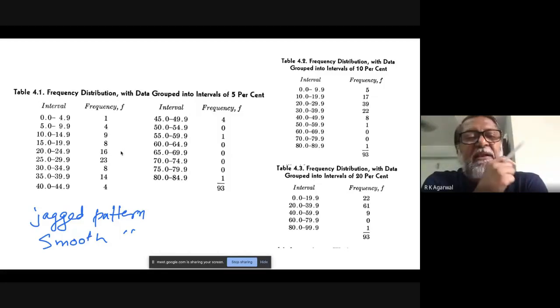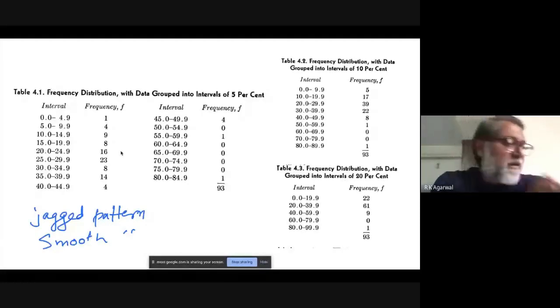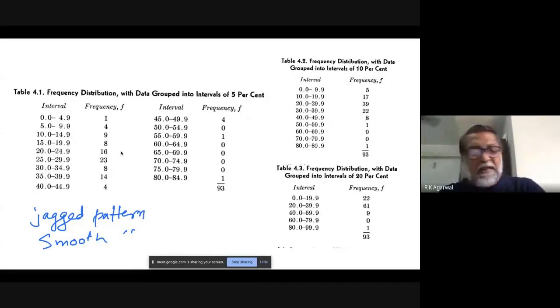Let's see whether we can achieve this smooth pattern by reducing the number of classes and increasing the interval from 5% to 10%. Now, when we increase the interval from 5% to 10%, what do we notice in terms of the pattern of frequency? First it goes up and then it continuously declines, except in case of the last one.